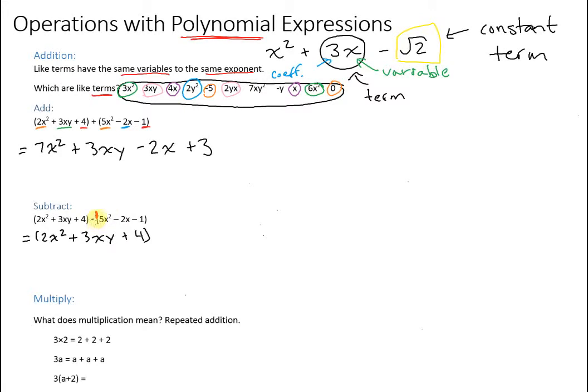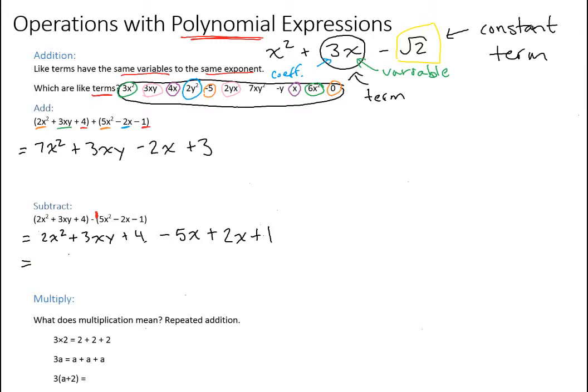So we have to multiply everything through by minus 1. So 5x becomes minus 5x. Don't need the brackets. Let's get rid of those brackets. Minus negative 2x becomes positive 2x. Minus negative 1 becomes positive 1.